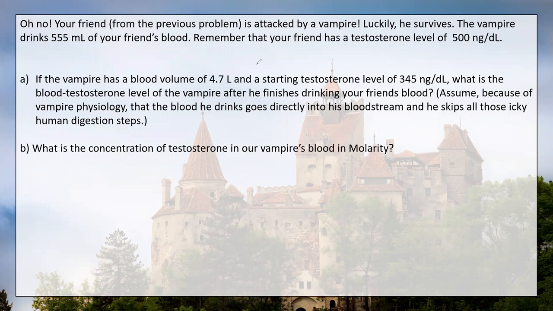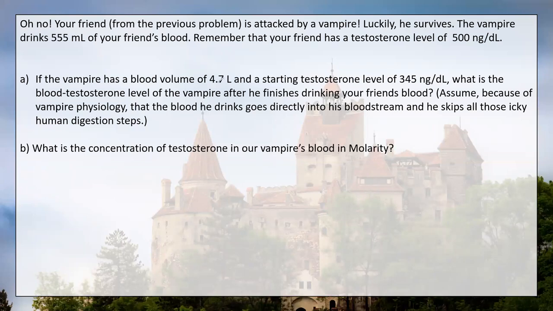He survives though. The vampire is only feeling a little bit peckish and only drinks 555 milliliters of your friend's blood. That's about the average volume of a blood donation. Remember that your friend has a testosterone level of 500 nanograms per deciliter.